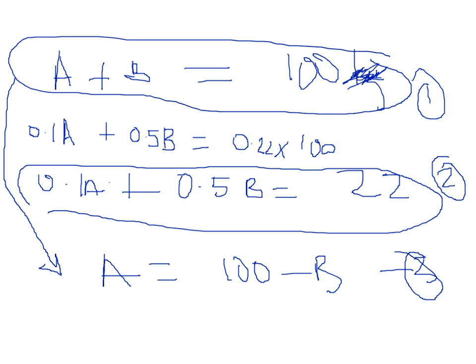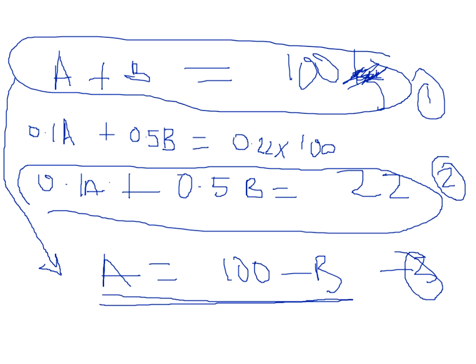Now have a look at this. A plus B equals 100. I got this equation 3 from there. So when I'm going to substitute, when I'm going to use equation 3, I cannot go back to equation 1 and use it. I can only use this in equation 2. So we have 1, 2, 3. Please everybody follow.